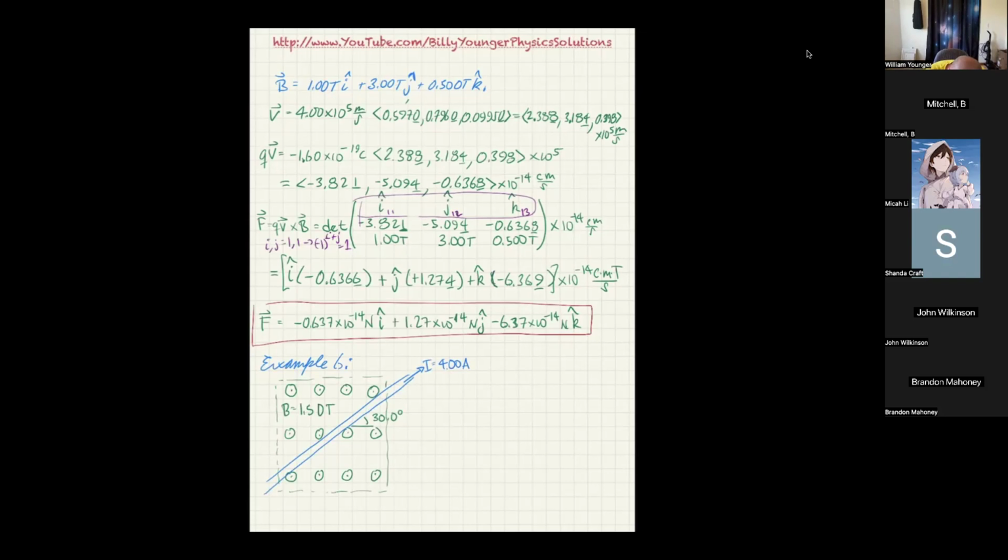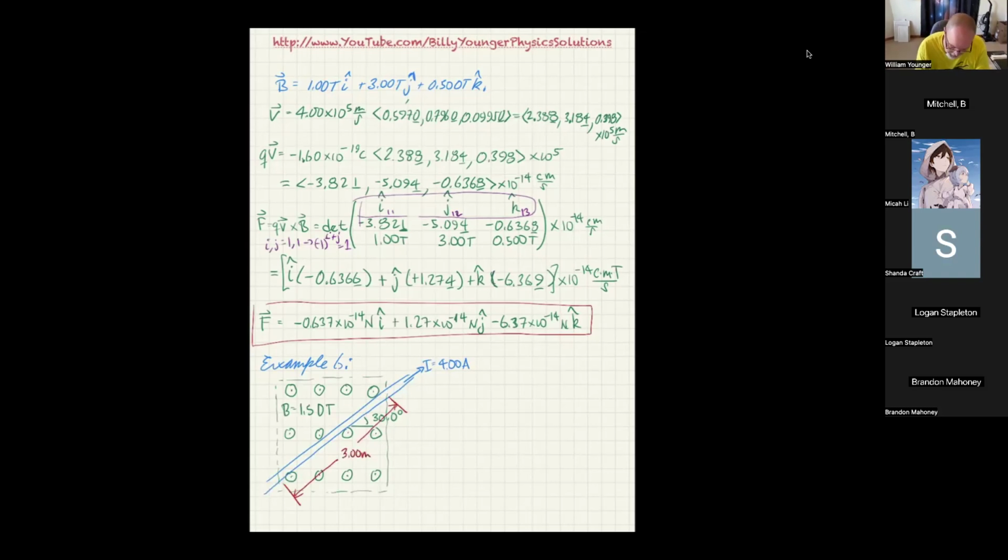And finally, I'm going to say that this length of the wire, from here to here, is 3.00 meters. Okay.